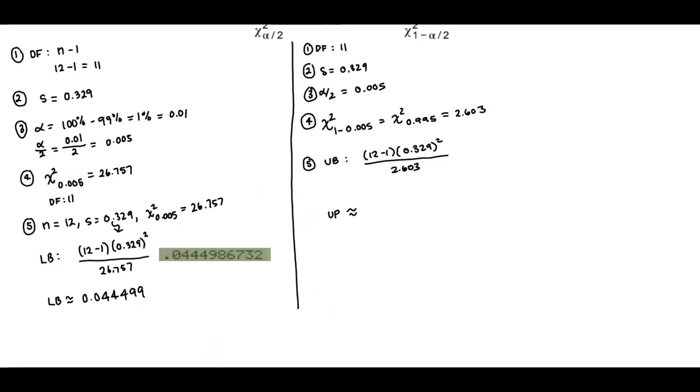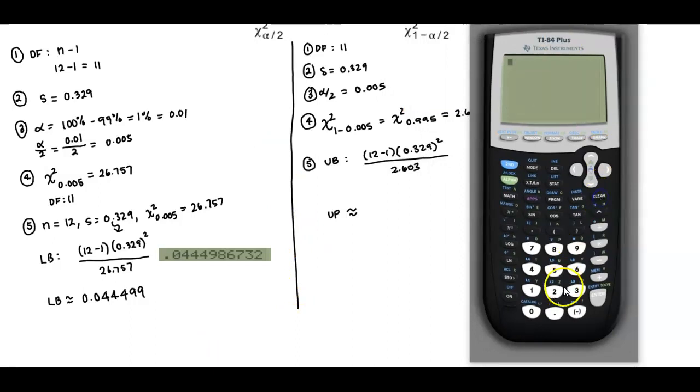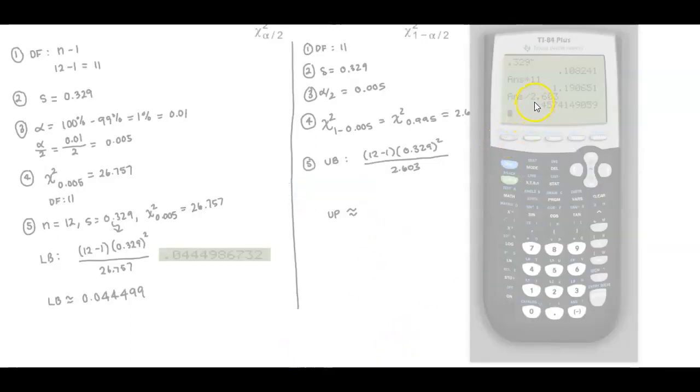Let's put that in our calculator. We have 0.329, we square it, then multiply it by 12 minus 1, which is 11. And we divide that by 2.603. Let's copy that result.